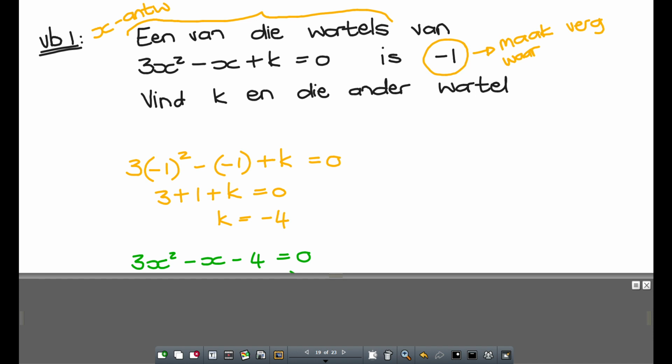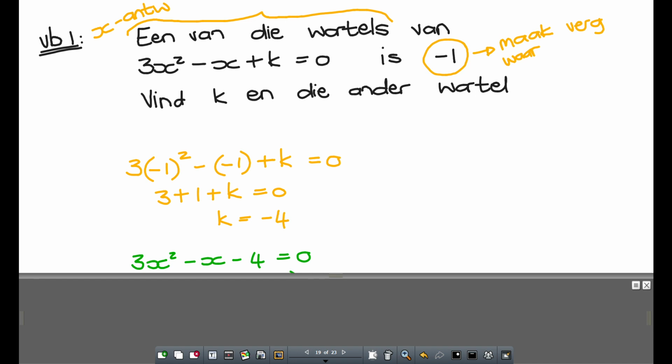What's the other root? Kyk gou. Kyk hoe wys hy werk. Kom probeer gou. Weet jy wat om te doen? Factorize. I want to know what's the x values. You can factorize. Jy het nou jou 3 term. Jy gaan of factoriseer of jy gaan die kwadratiese vergelyking gebruik.